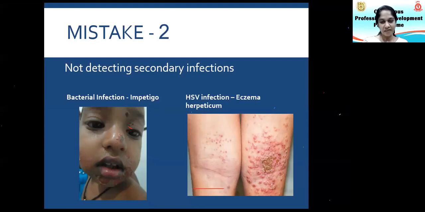People with eczema are more prone to this. So if the skin condition is worsening suddenly, you have to observe them closely to see whether there are any monomorphic blisters and monomorphic ulcers like this. And if they are there, it is an HSV infection, which usually needs IV acyclovir.